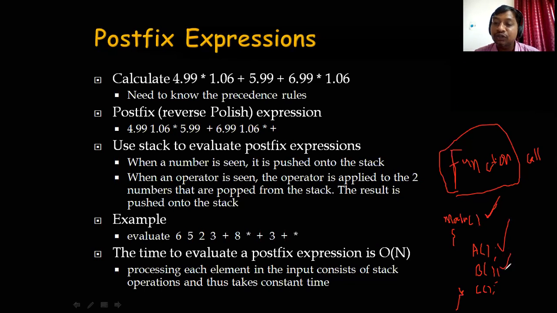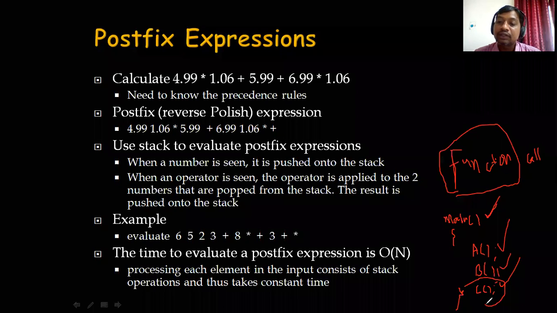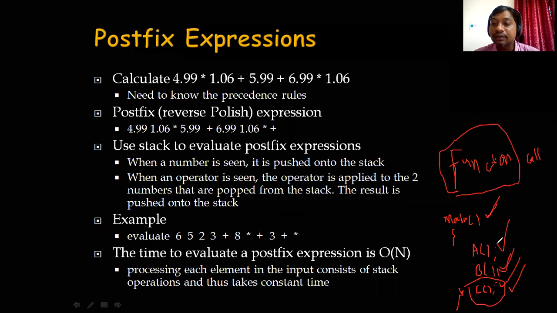Then after completion of b, it goes to c. So the most recently added component will be executed first, C first, then B, then A, if they are nested calls.